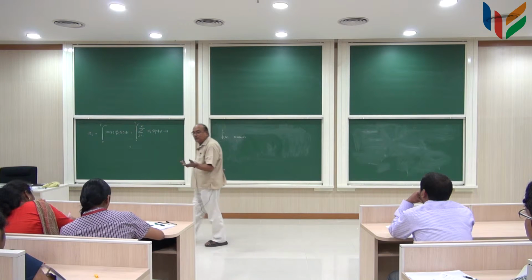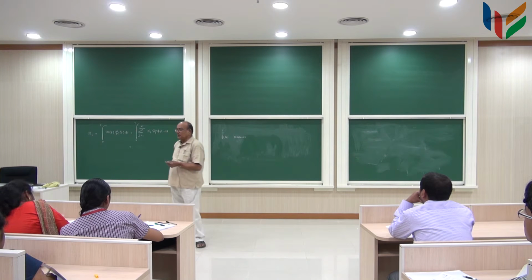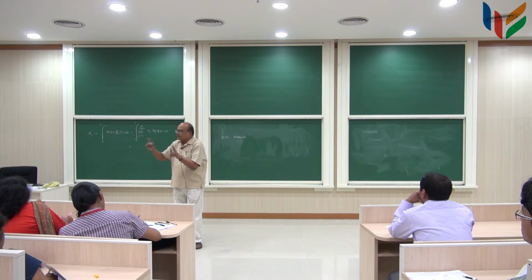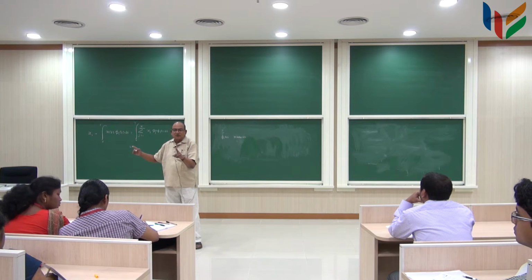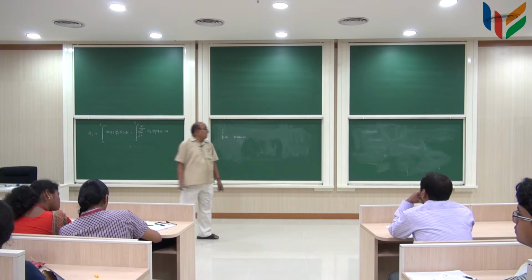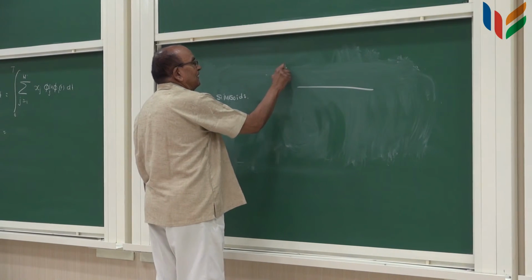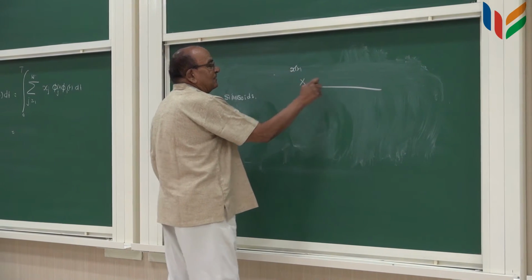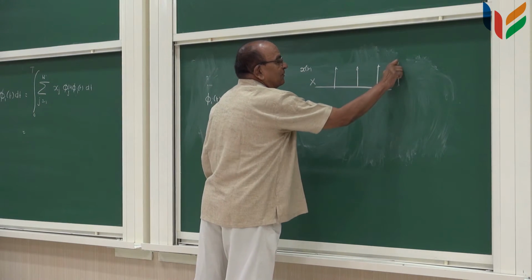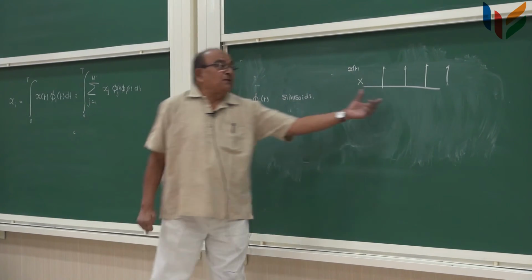You also studied sampling. What did you do in sampling to represent a signal in terms of a set of numbers? We sampled at different points of time, equally spaced, and we called T the spacing between two samples. So, what I did was I multiplied the signal x of t by a series of impulses, equispaced.